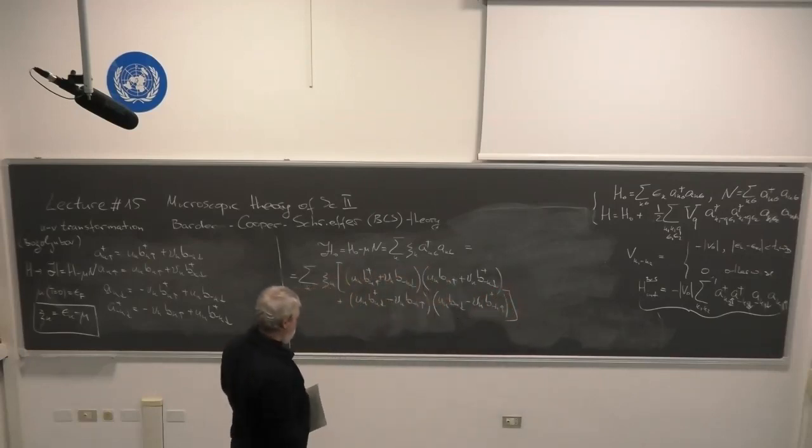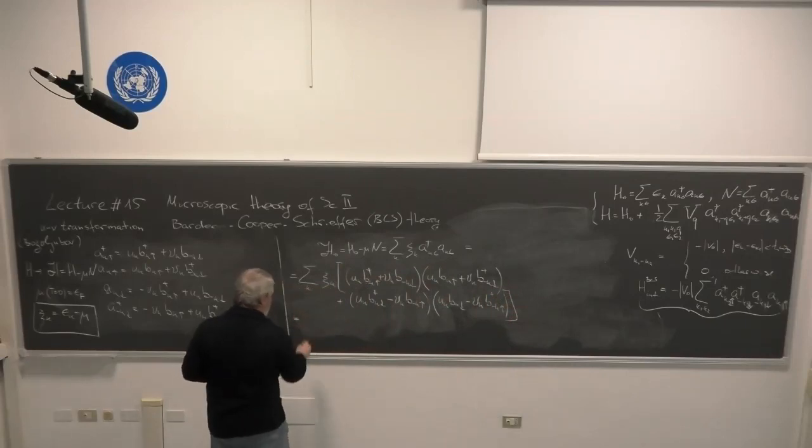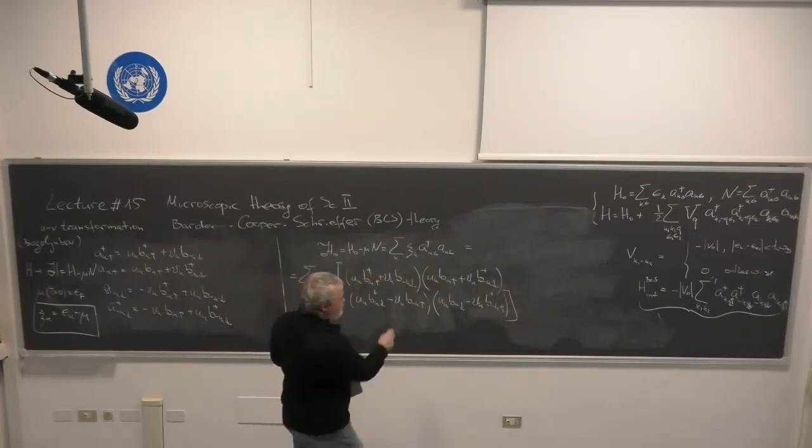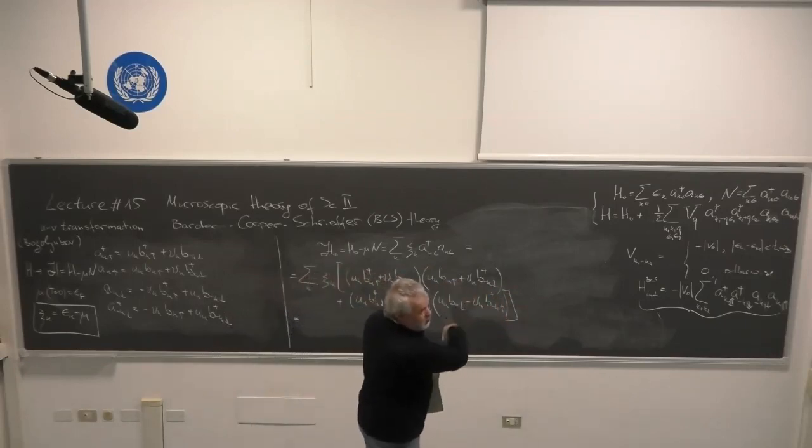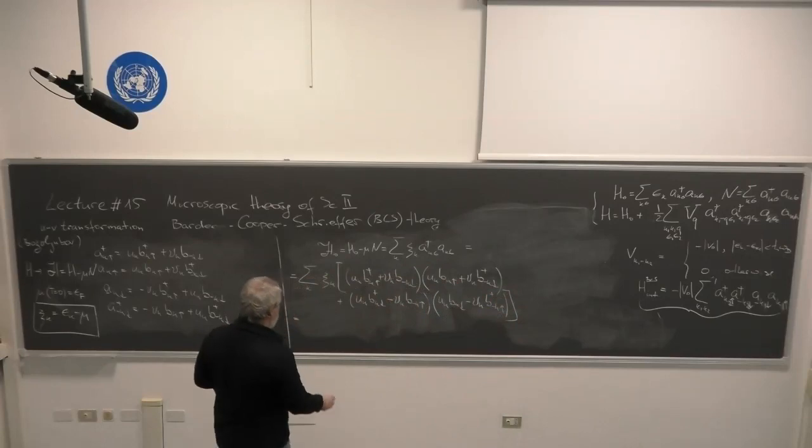This is H_0. Now I open the brackets and collect terms in front of the diagonal and off-diagonal terms.